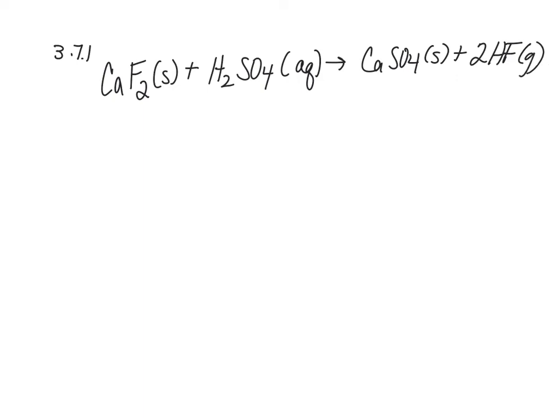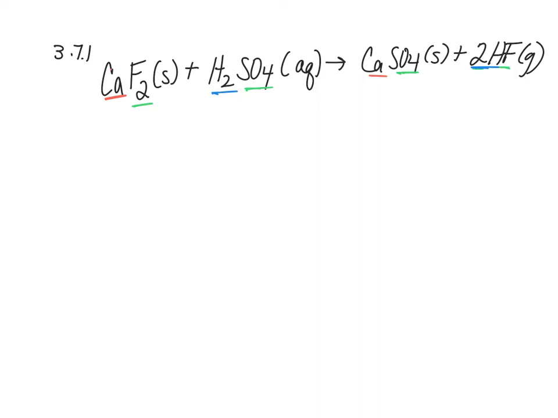Is that balanced? Well, we have 1 calcium, 1 calcium. We have 2 fluorine, we have 2 fluorine. We have 2 hydrogens, we have 2 hydrogens. We have 1 sulfate and 1 sulfate. So that is balanced.